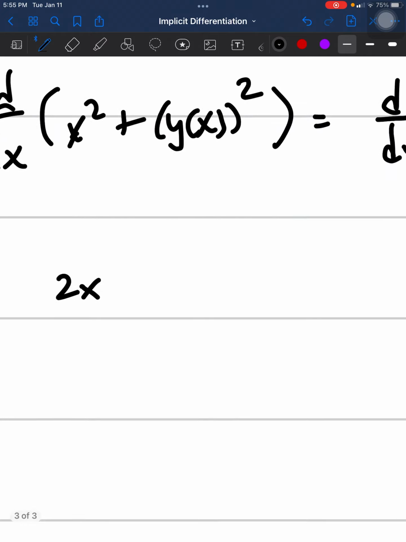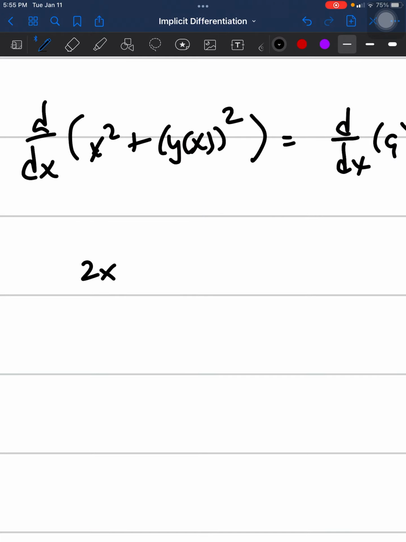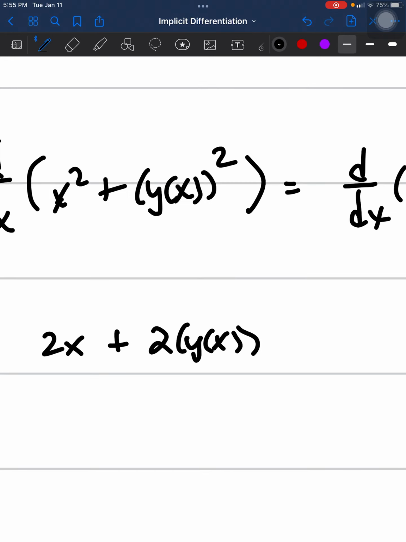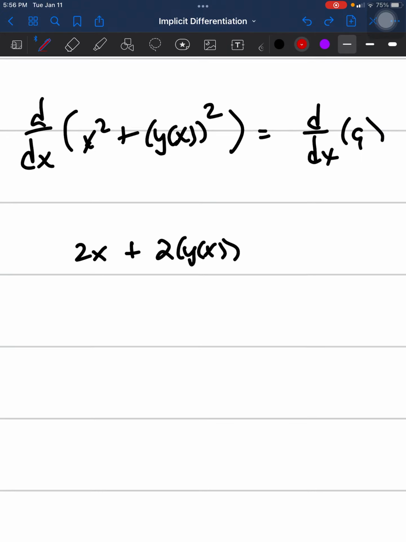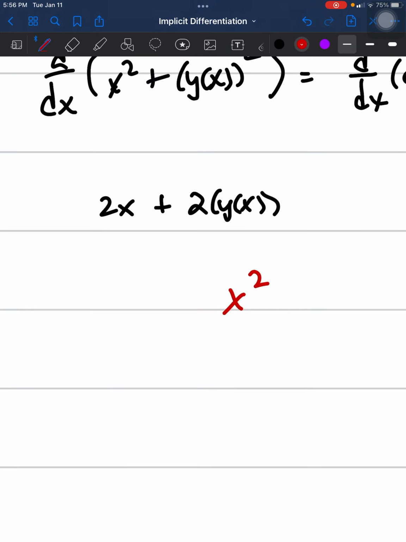So now we just solve for that. The derivative of x squared is just 2x. The derivative of y of x squared is going to be 2y of x, right? This itself is a chain rule problem. The outside function is something squared, and the inside function is y of x.